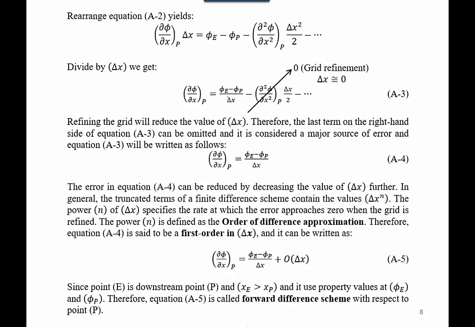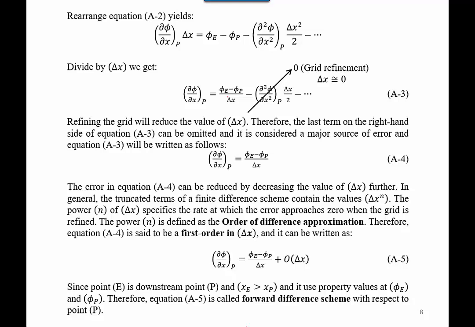So the error in equation A4 can be reduced by decreasing the value of delta x further. In general, the truncation terms of the finite difference scheme contain the value of delta x to the power n, and the power n of delta x specifies the rate at which the error approaches 0 when the grid is refined. The power n is defined as the order of the difference approximation.